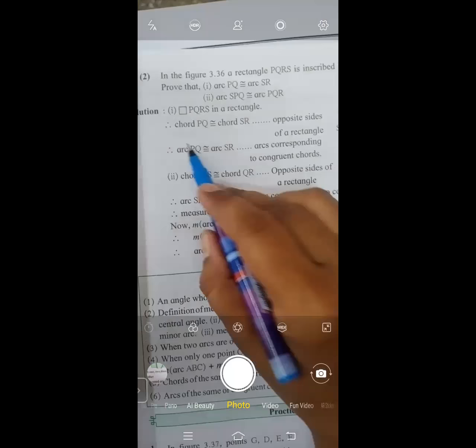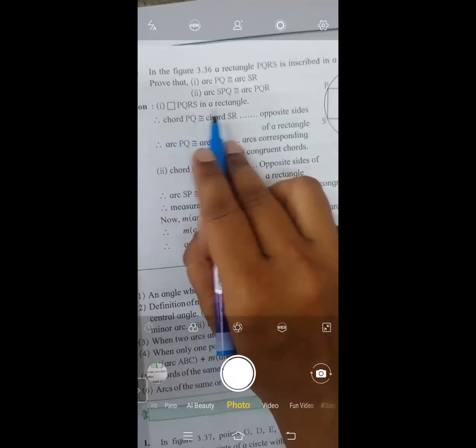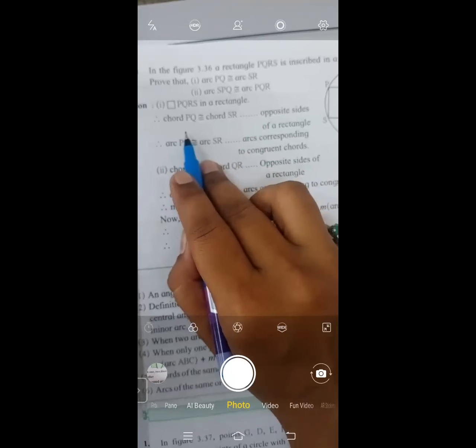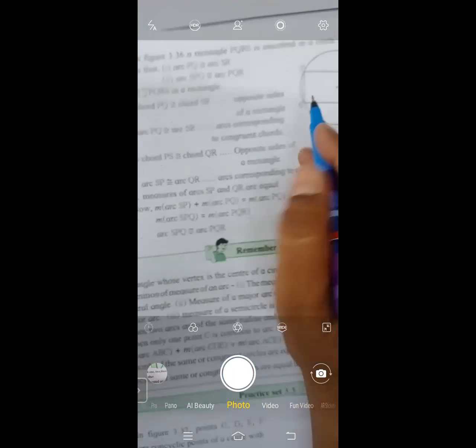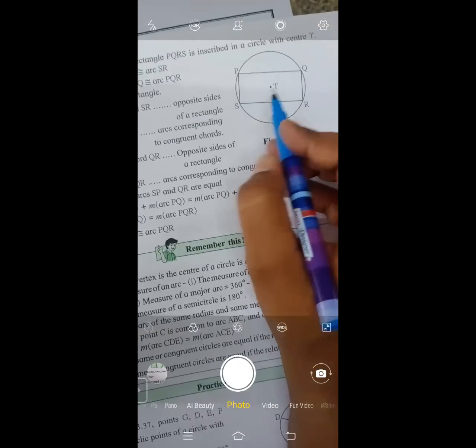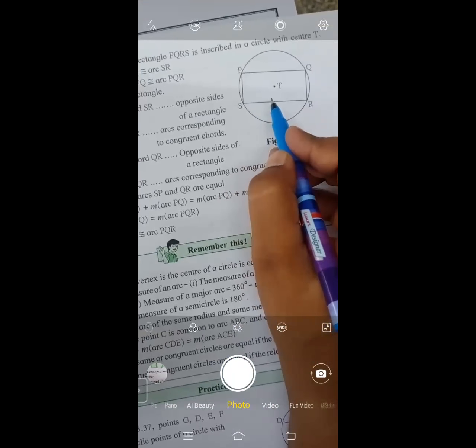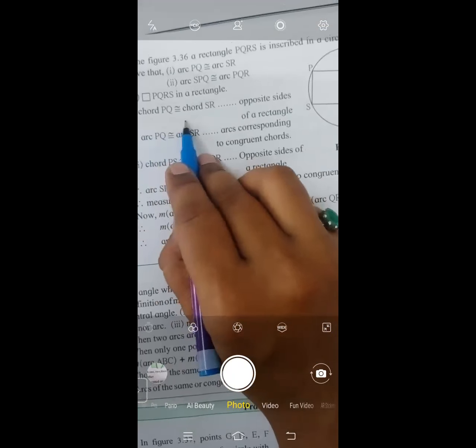So first we will start from the given things, that is, quadrilateral PQRS is a rectangle. Chord PQ is congruent to chord SR, opposite sides of the rectangle. Yes, we have studied in the quadrilaterals lesson that the opposite sides of a rectangle are congruent. So they have just taken this property.